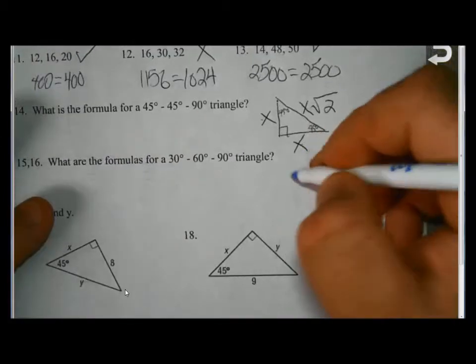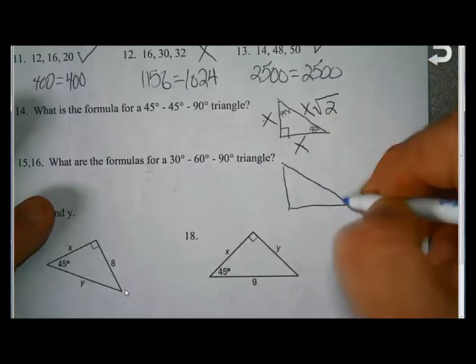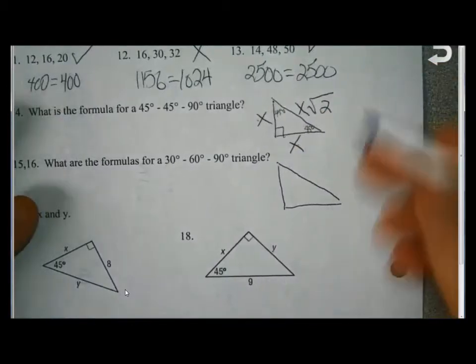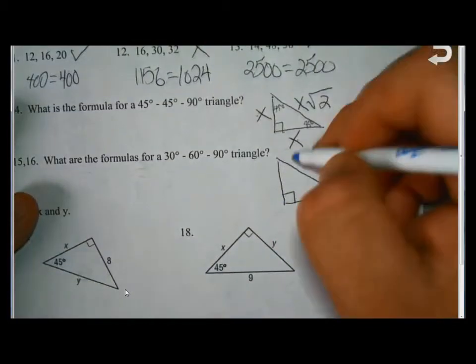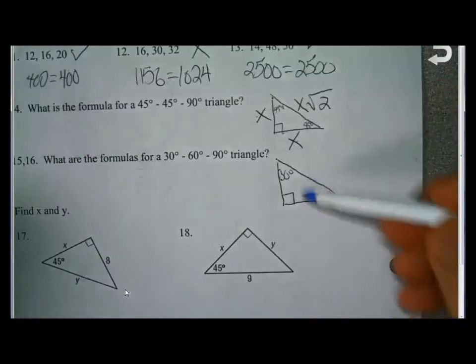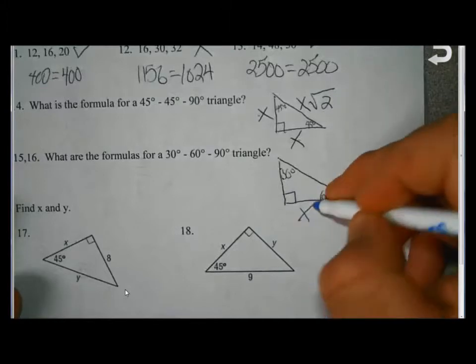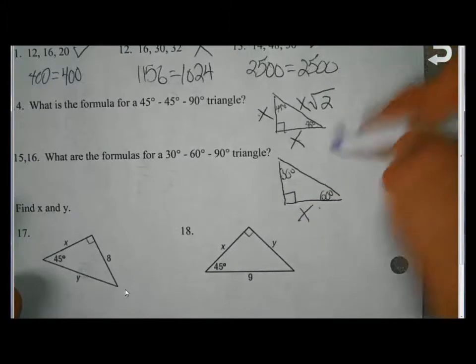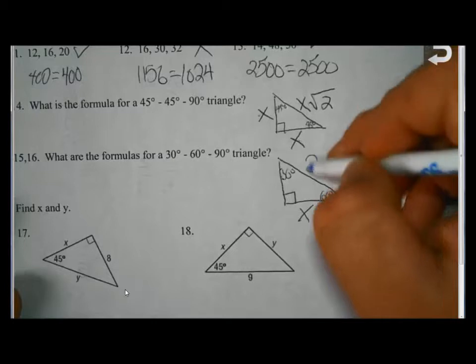So then it's going to ask, what is the formula for a 30, 60, 90? So I want you to draw a right triangle. I don't care where the 30 and the 60 goes. But across from the 30, what letter do you have to have? X. And on the hypotenuse, you have to have 2x.